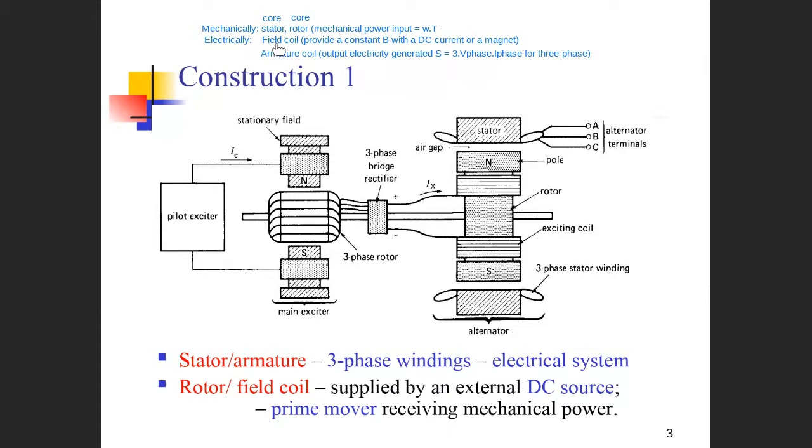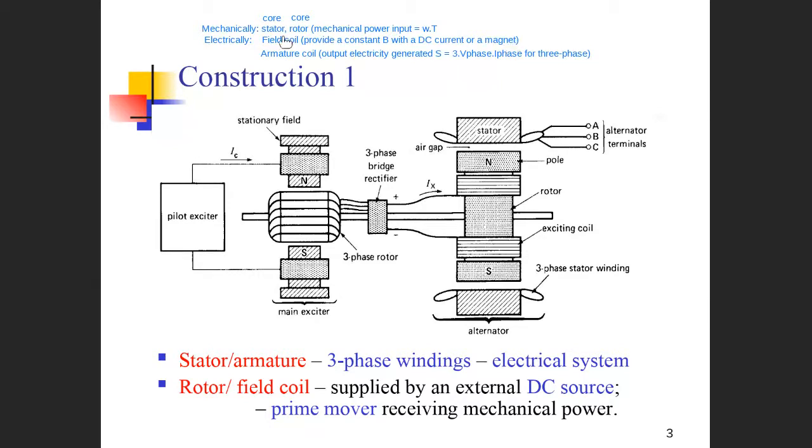Electrically, there are two coils, very similar to those of the transformer. The field coils, or magnetic field coils, provide a constant magnetic field with a DC current or a magnet.